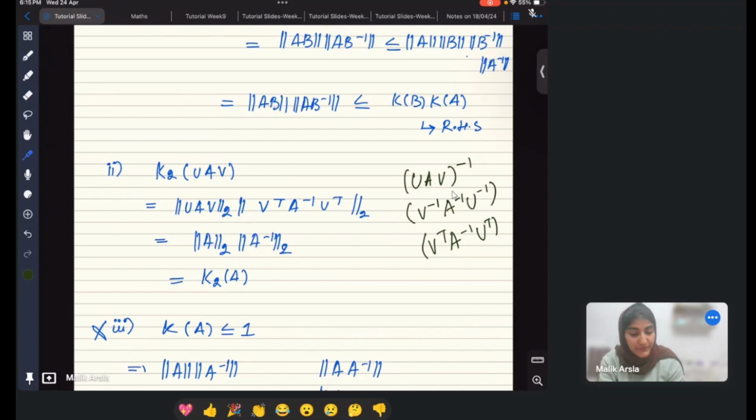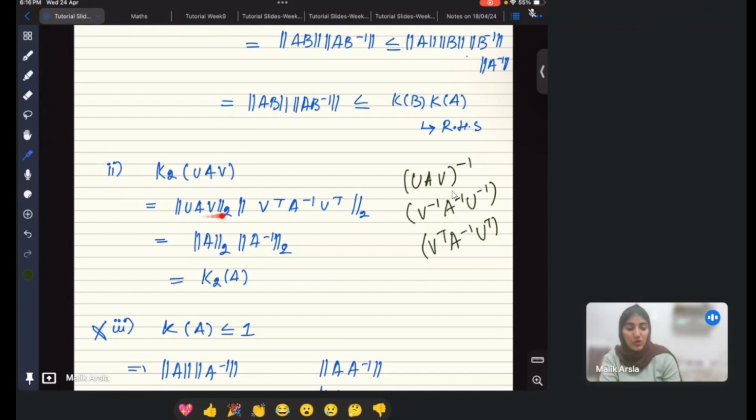So V transpose A inverse U transpose. The norm of UAV is going to be the norm of A, because we know that the 2 norm of U into A into V is equal to the 2 norm of A, if these are orthogonal matrices.